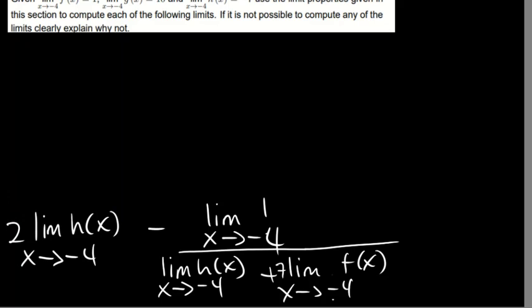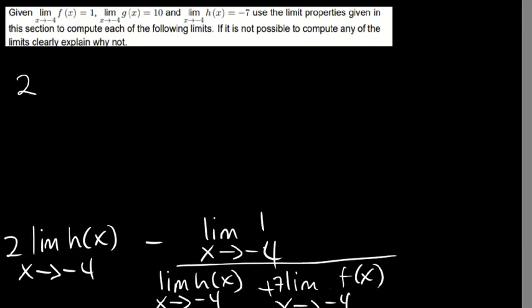Now let's look at the substitution. We are going to have 2 multiplying the limit of h of x as x approaches minus 4. We know that the limit of h of x as x approaches minus 4 is minus 7.